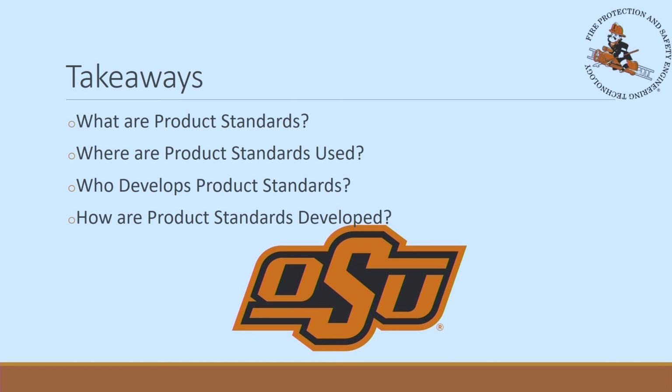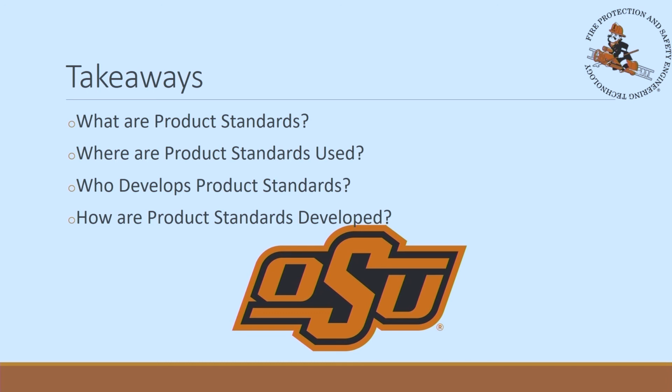Where are the product standards used? Pretty much everything in the fire protection industry will be a listed component. Anything that's critical to safety, we want it to be listed. We want to have confidence that it will work as intended when it's intended to, and that's what the product standard gives us, that reassurance that, yes, a product that meets this standard will work in those design applications.